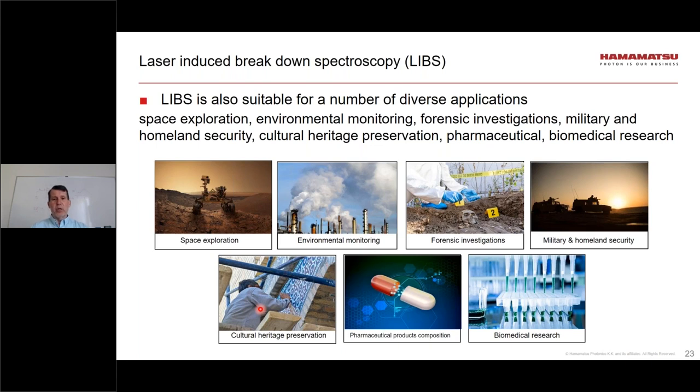The non-destructive aspect of it does draw a little bit of controversy with some applications, such as using LIBS to analyze ancient art. It can leave a very small amount of surface damage, so that would probably be of consideration.